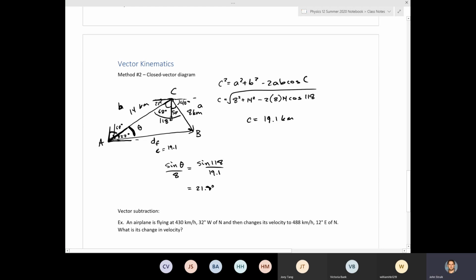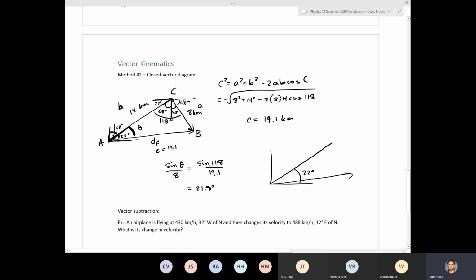Okay, now if this is 21.7, so let me draw this corner a little bit better. Remember that our original angle was 22 degrees, so this is 22 degrees. Our DF kind of cuts it like this, right?